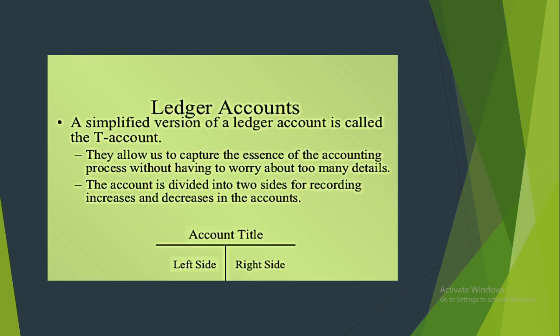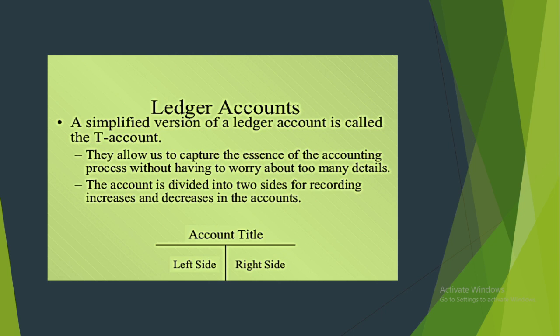Now let us see what is ledger accounts. A simplified version of a ledger is called the T account, because in ledger always we open account, so it is also known as a T account.